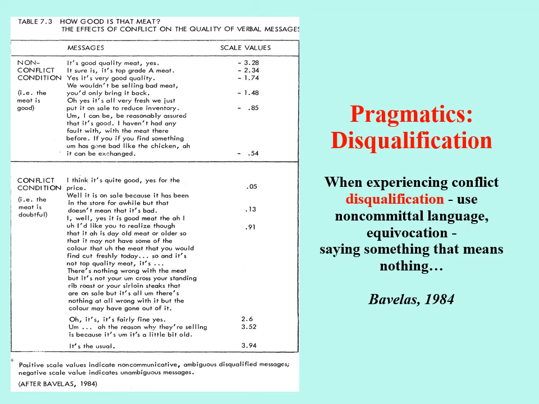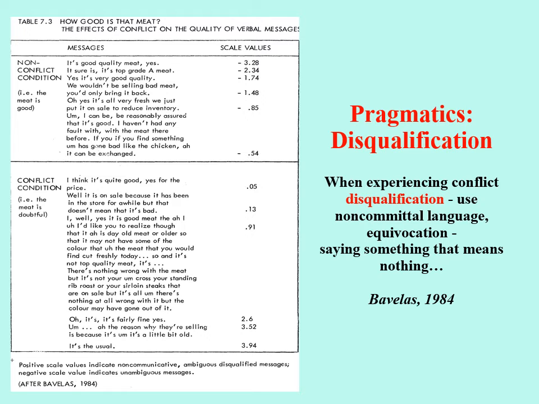Another interesting situation where pragmatics comes into play is when you experience a communicative conflict and you use language intentionally in a way that doesn't really communicate. This is called disqualification, or the non-committal equivocal use of language.